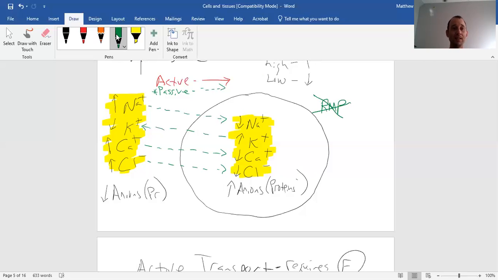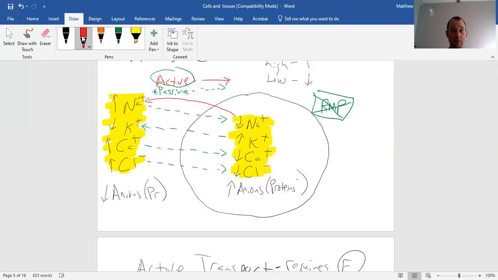So if these just leaked passively, then you would have no resting membrane potential. Because of active transport, you're able to maintain a gradient that then gives you that charge. So actively, because sodium is leaking in, you are constantly pumping it out.